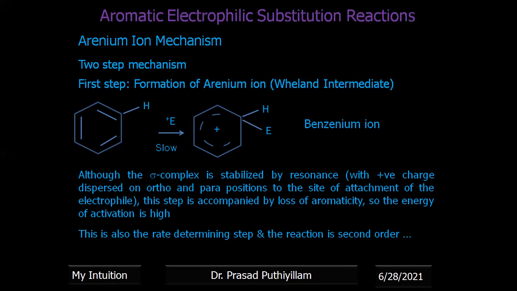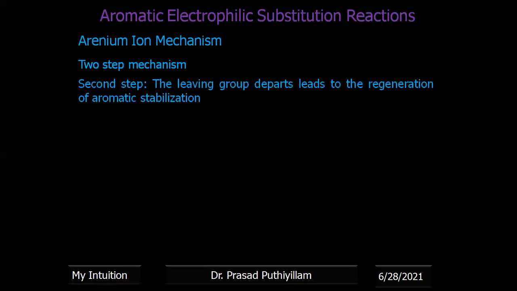Therefore, we can say that it is bimolecular, or in another way we call it a second order reaction. So aromatic electrophilic substitution reactions are second order reactions, because in the slow rate determining step, we have two molecules, the substrate molecule, which is our benzene or the aromatic molecule, as well as the electrophile.